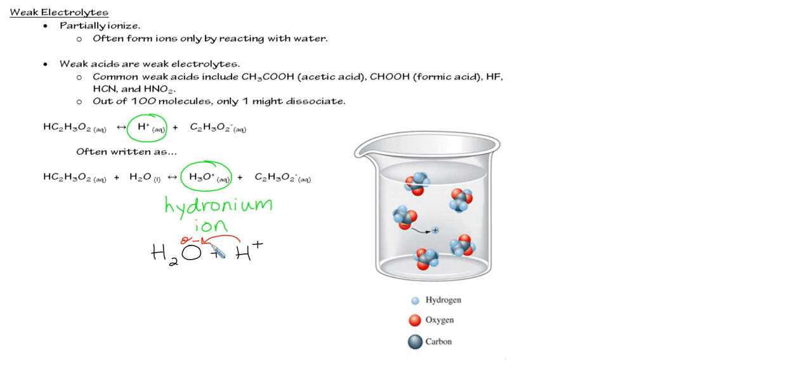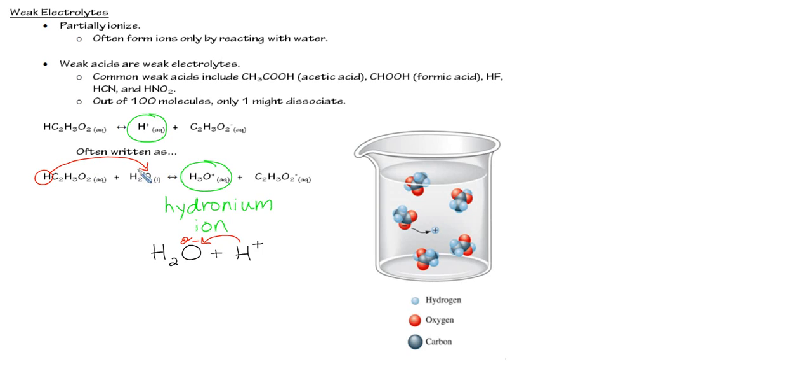Usually strong acids are written like this, where you'll just see the acid, and then it completely breaks down into the hydrogen ion, and then whatever the negative ion is. Often weak acids are written with water on the reactant side. And that hydrogen ion that's removed from the original acid is attracted to the oxygen end of the water molecule.